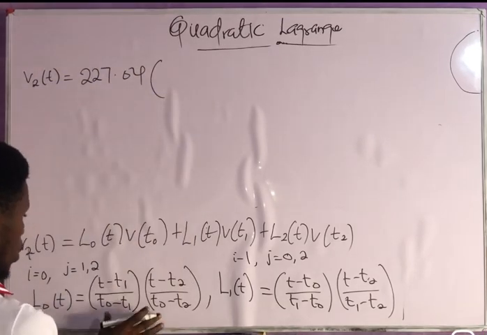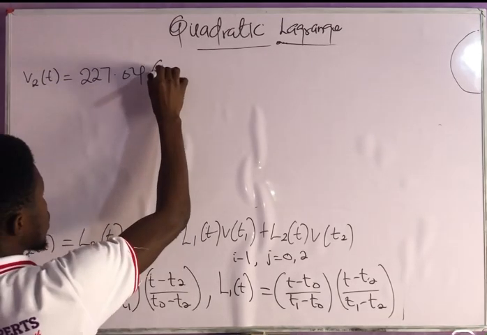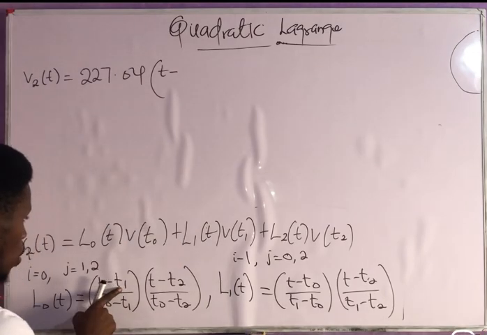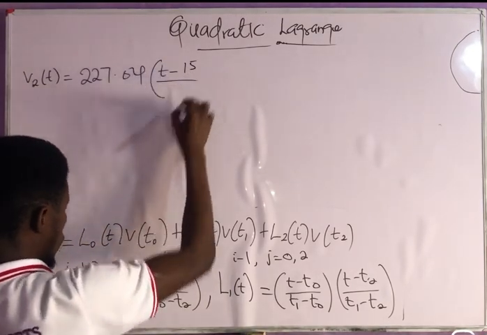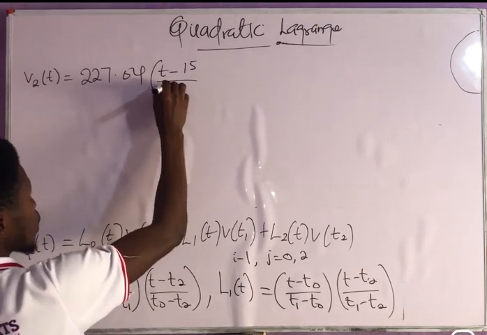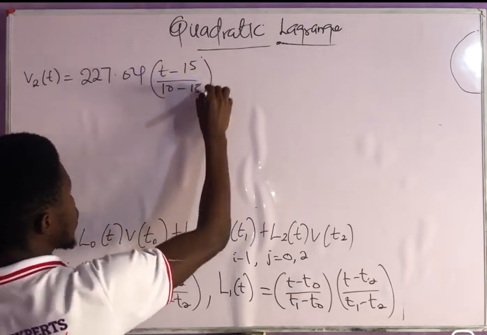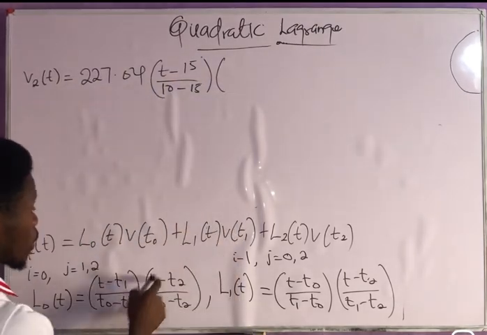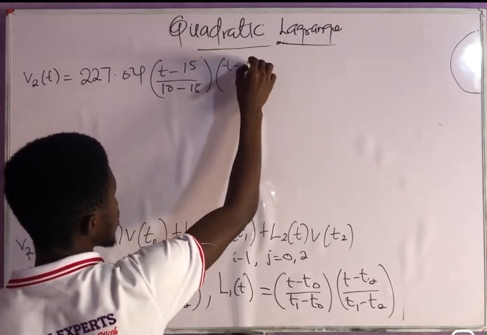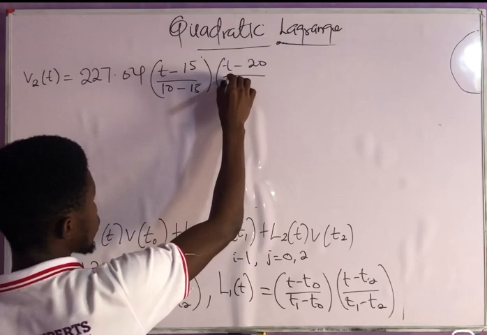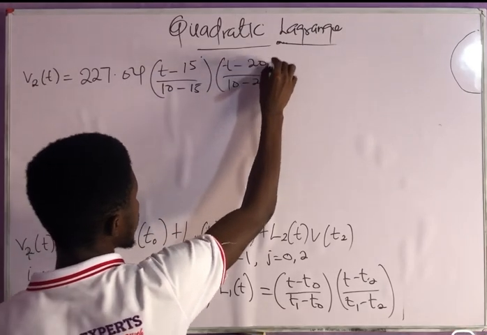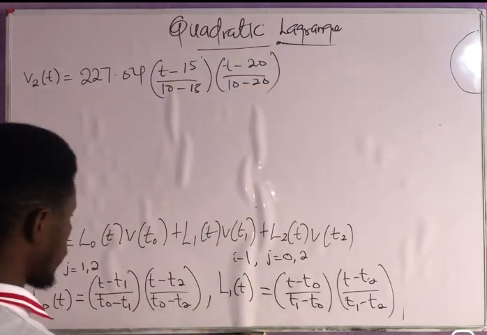Then it is multiplying the whole of this, which is t minus t1, our t1 is 15, over t0 minus 15, that is 10 minus 15, and multiplying t minus t2, which is 20, over t0 minus t2, that is 10 minus 20.